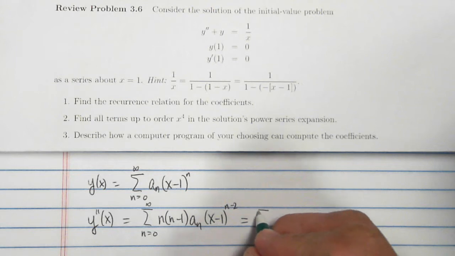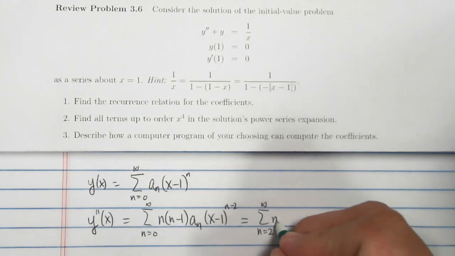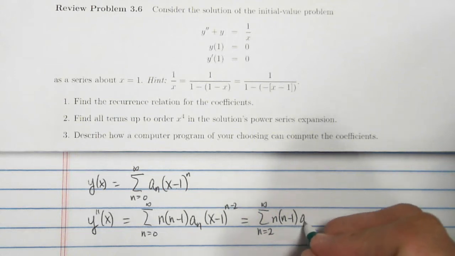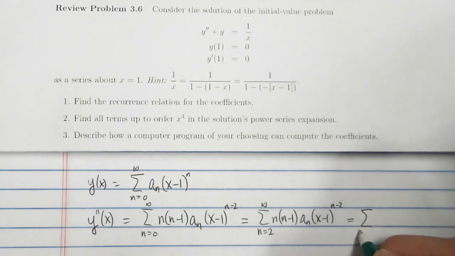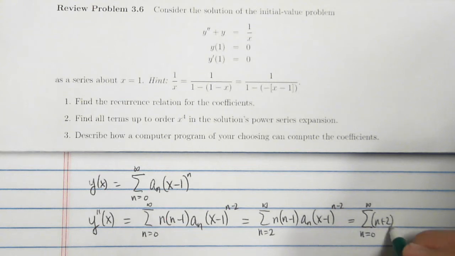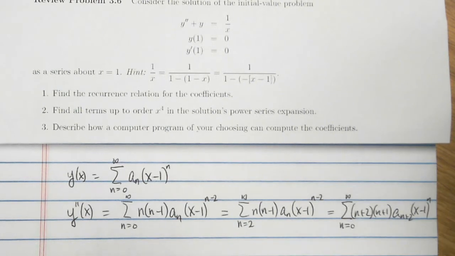Now I apply the usual technique that this is summation n equals 2 to infinity of n times n minus 1 a sub n times x minus 1 to the n minus 2. And then I'll shift the index so that I get summation n equals 0 to infinity of n plus 2, n plus 1, a sub n plus 2 times x minus 1 to the n.